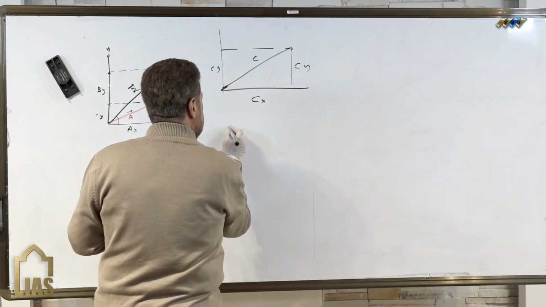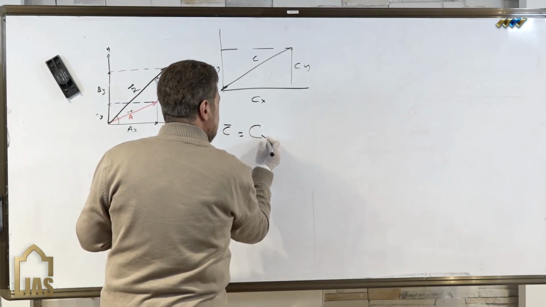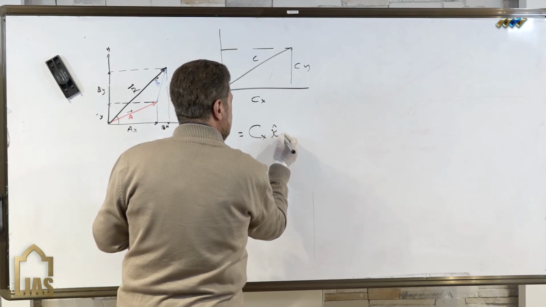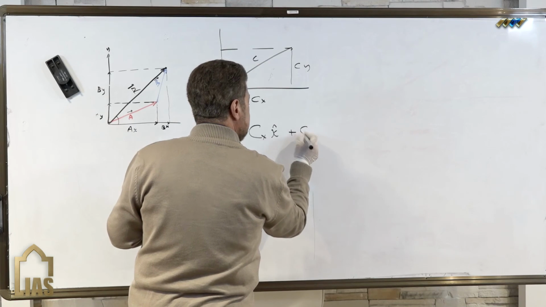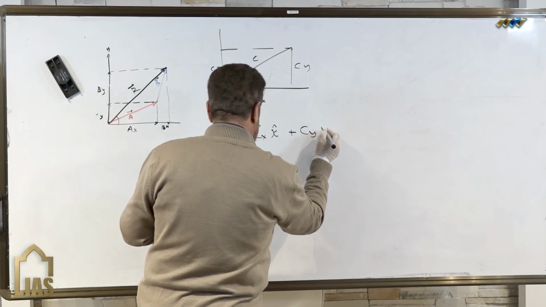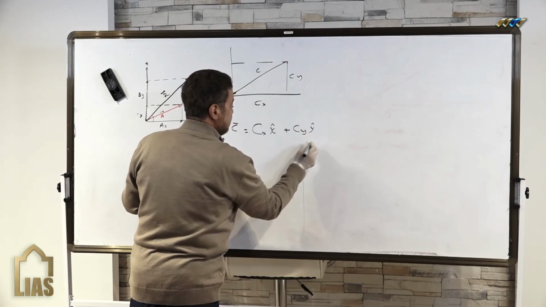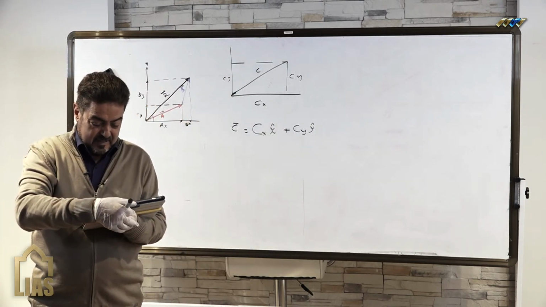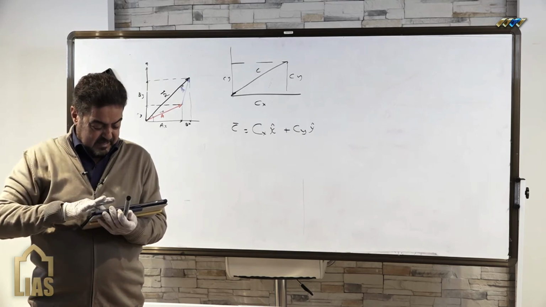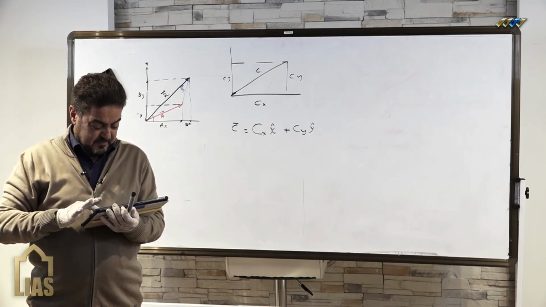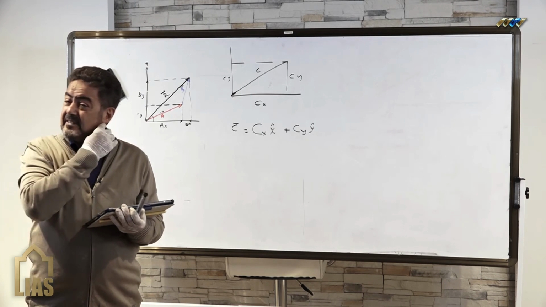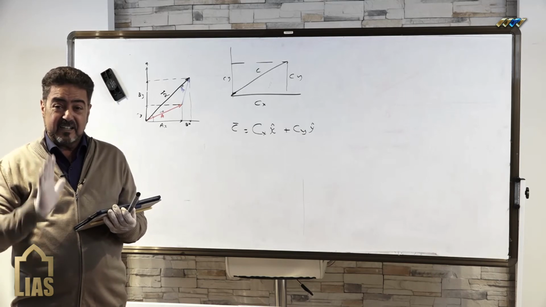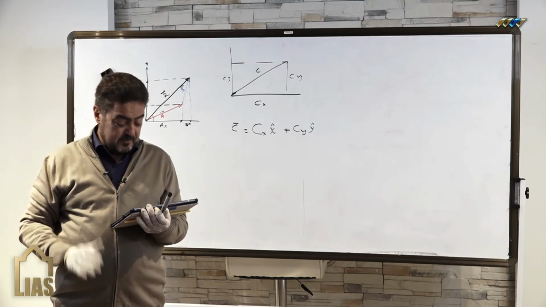He said that C is equal to Cx in the direction of x plus Cy in the direction of y. Another representation. This will help us for analyzing the force direction and value.